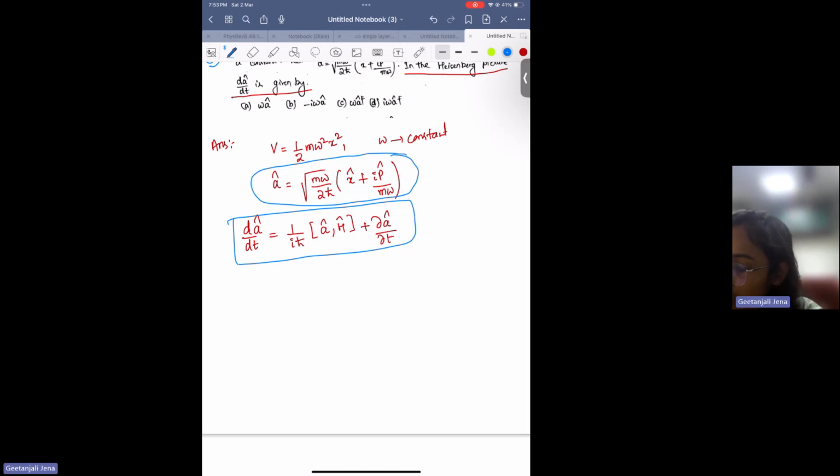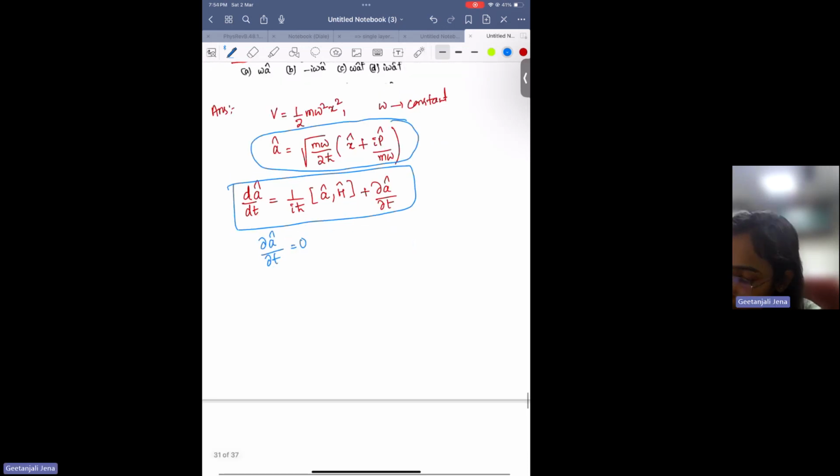So that means ∂A/∂t equals 0. So what we are left with is dA/dt is nothing but 1 by iħ times the commutation relation of A with H.